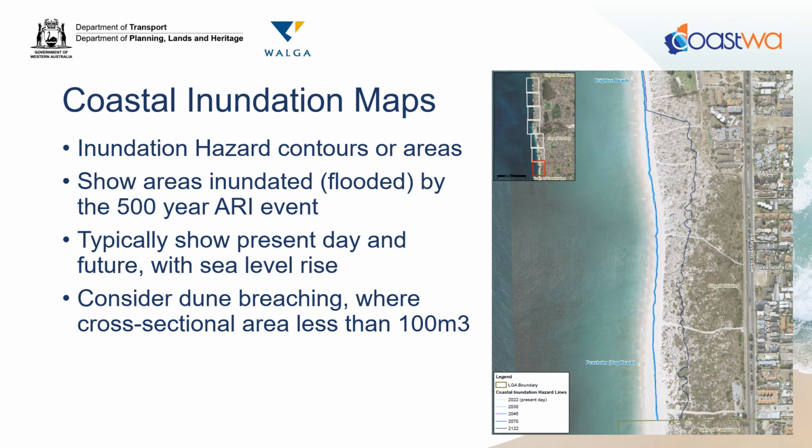So where you may only have a small, narrow primary dune in cross-sectional area, and there's a risk that that dune is breached in a significant storm event, well, that coastal inundation can potentially extend further inland, and that's shown through these maps. So the example which is shown on the left-hand side there is a section of Brighton Beach, and you can see the difference in the 100-year inundation line extending much further back through those dunes in the area where we've got potential breaching.